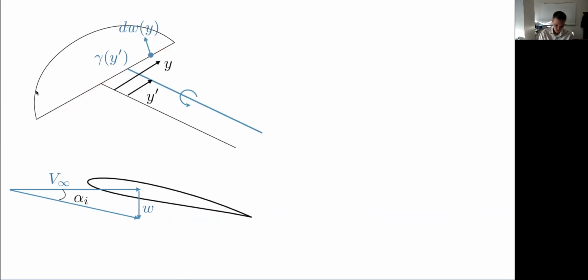So just from things that we derived before, this is now a semi-infinite vortex. And remember, a semi-infinite vortex induces a velocity of magnitude gamma over 4 pi r. So we can say that this infinitesimal velocity is lowercase gamma times its length, right?